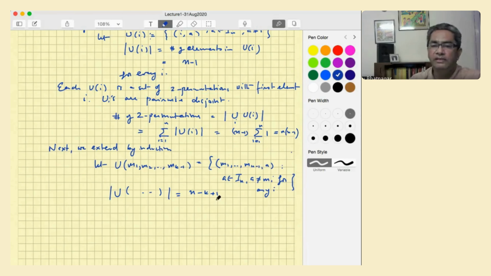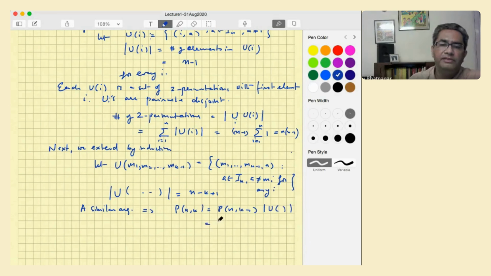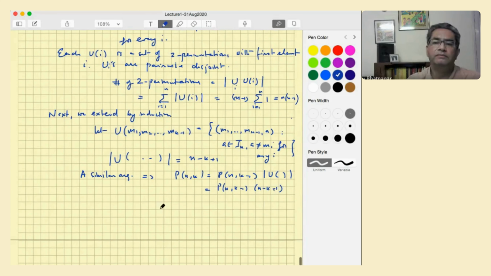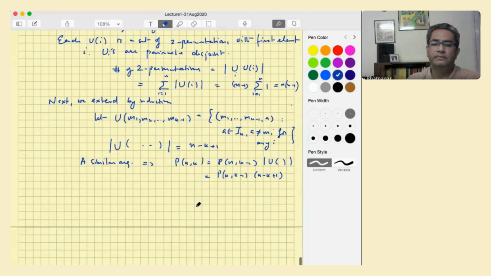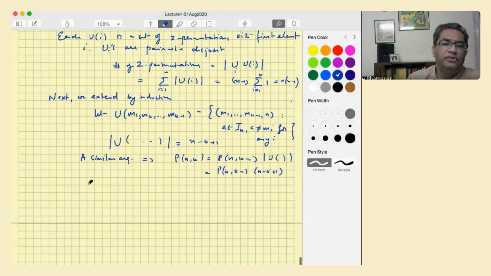So the only possibilities are n minus k plus 1. And the same argument or similar argument implies that P(n, k) is equal to whatever the number here times this guy, which is n minus (k minus 1) plus 1. So this completes the proof.